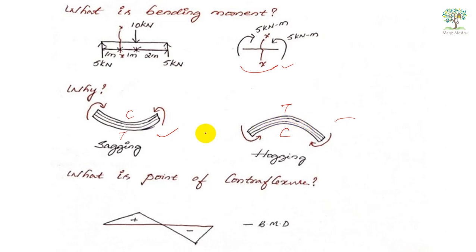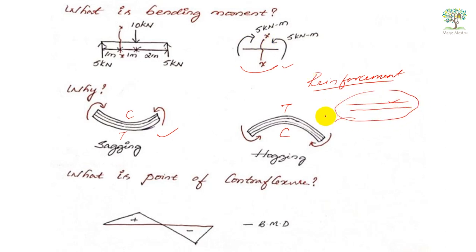To withstand the tension, we will give what? A reinforcement. Reinforcement means steel bars will be provided, right? Based on the bending moment value, we will provide longitudinal steel bars. Correct or not?